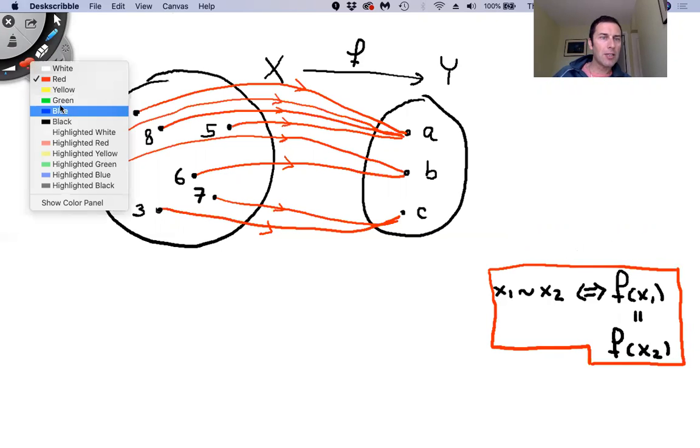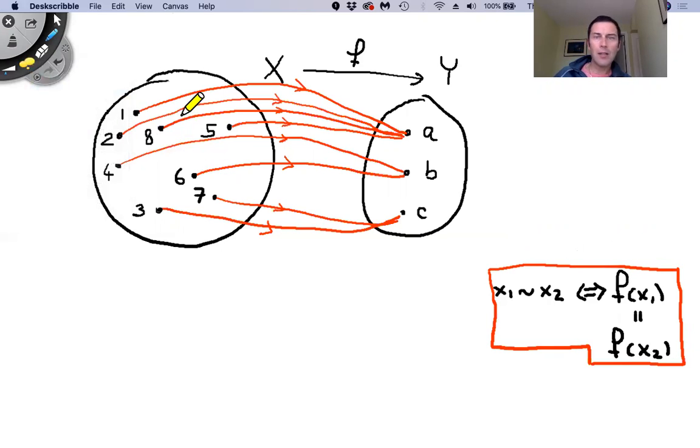It's easy to draw them, right? 1, 2, 8, 5. There's 1. There's 4 and 6. And 3 and 7. But what I'm asking is not what they are in this example, but what other name can we give to these 3 subsets?